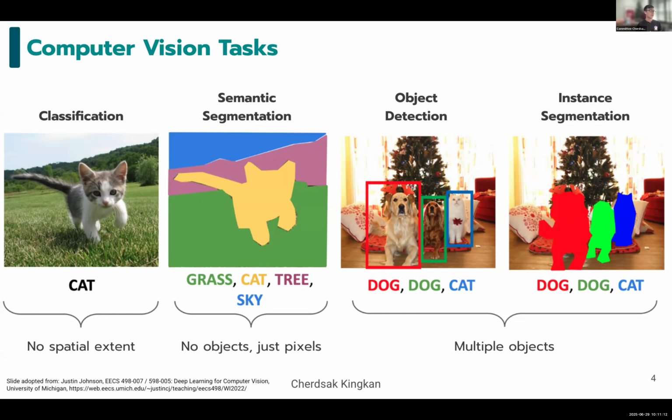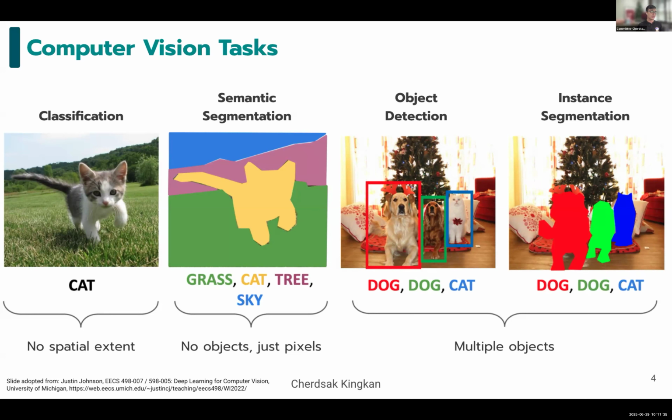But there are many other tasks. For example, semantic segmentation. That is, we don't care about the objects, but we just care about the pixels, which category each pixel belongs to. That's segmentation, and we will discuss this as well. And also object detection and instance segmentation.